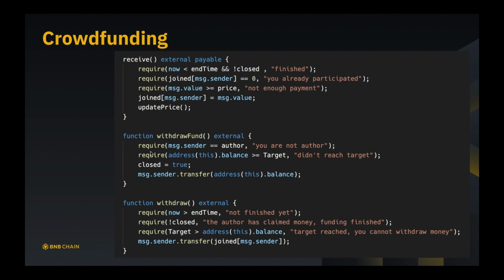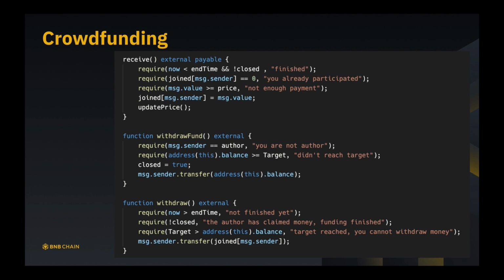So we do two checks. One is require msg.sender is author. Also, we require address(this).balance is greater than target. If that's the case, then we say okay, we're done. The author is happy with whatever people currently paid. We mark closed to true, and we transfer all the money to msg.sender, or to author. Here again, msg.sender.transfer means transfer to msg.sender.